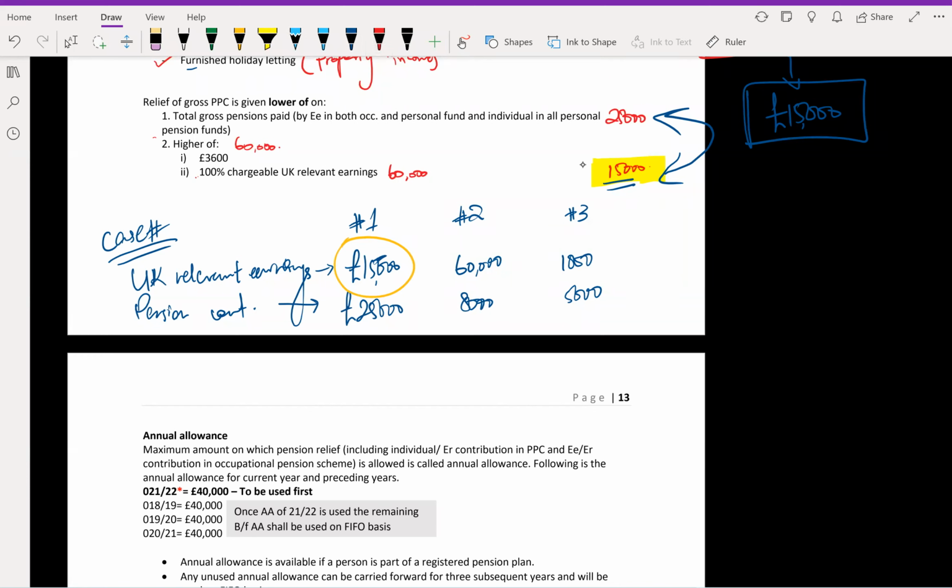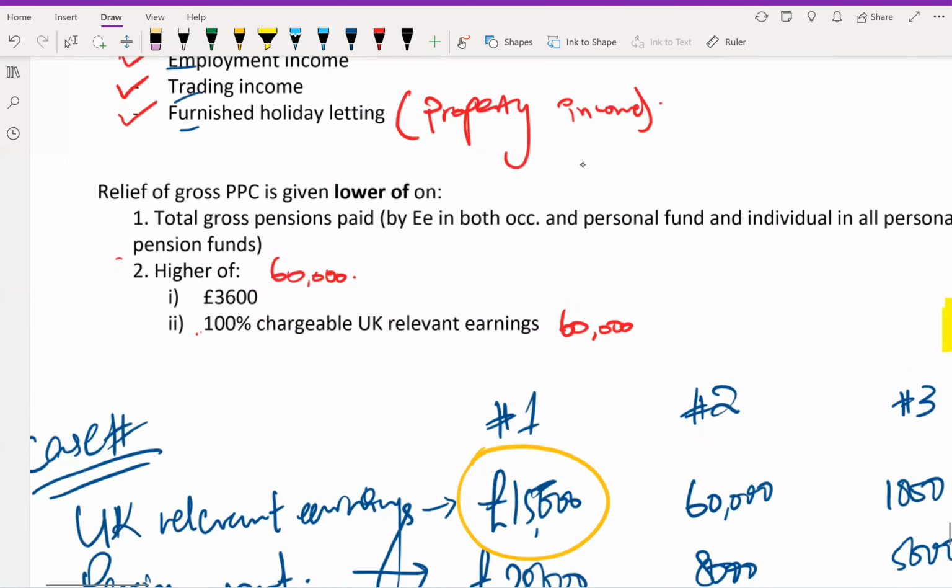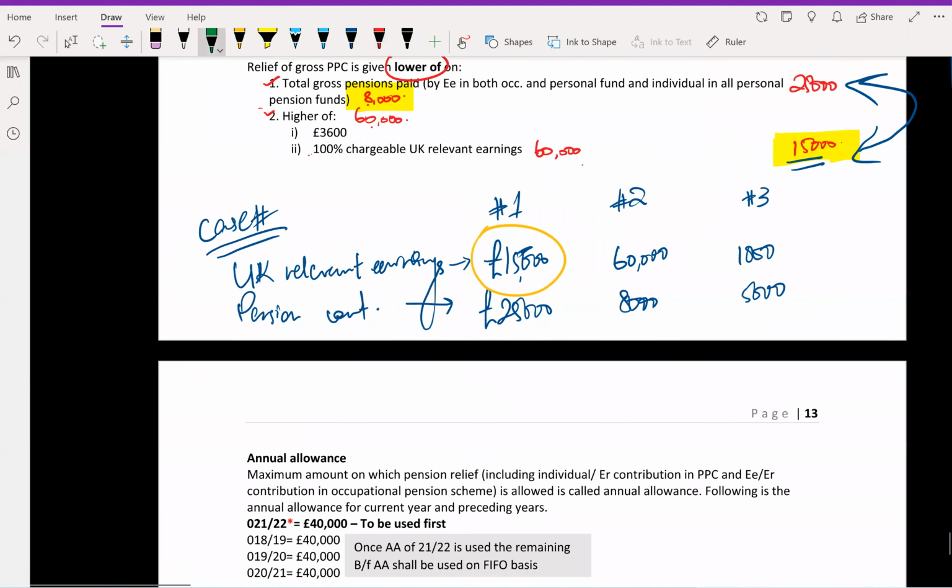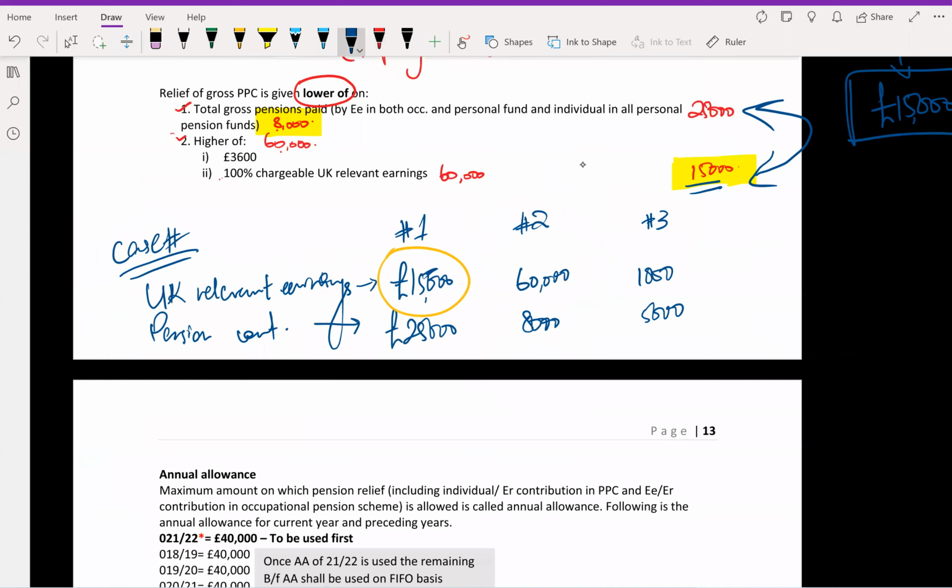The pension contributions you've made are just 8,000. Okay. So lower off between 8,000, which is total gross pensions paid, and 60,000 would obviously be 8,000. Therefore, the amount of relief in case number two is 8,000. Okay.